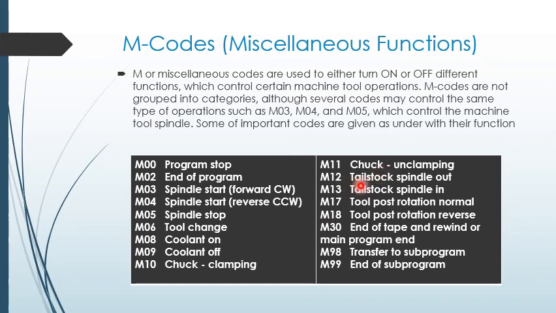Then M12 tailstock spindle out, M13 tailstock spindle in, M17 tool post rotation normal, M18 tool post rotation reverse, M30 end of tape and rewind or main program end, M19 transfer to subprogram, and M99 end of the subprogram. These are the main M codes used for part programming.